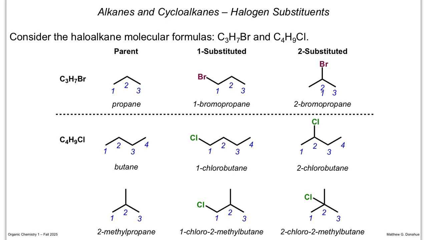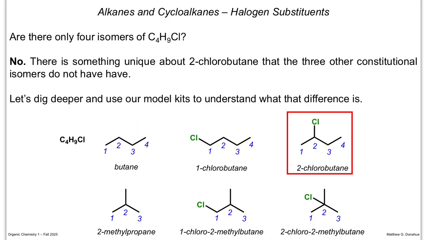When you're doing this type of problem, it's always helpful to number the carbon backbone, so when you put in substituents, you can name it and not duplicate any answers. So the issue is with C4H9Cl: are there only 4 isomers? And the answer is no, because of this one right here.